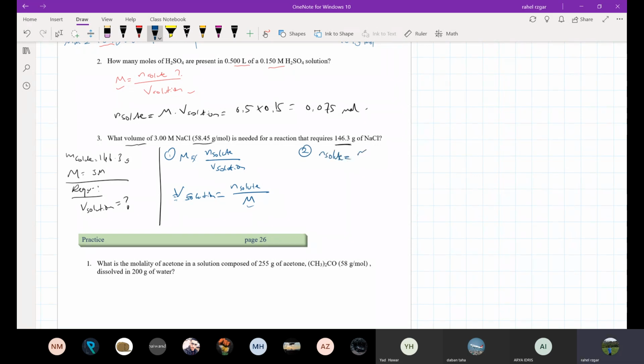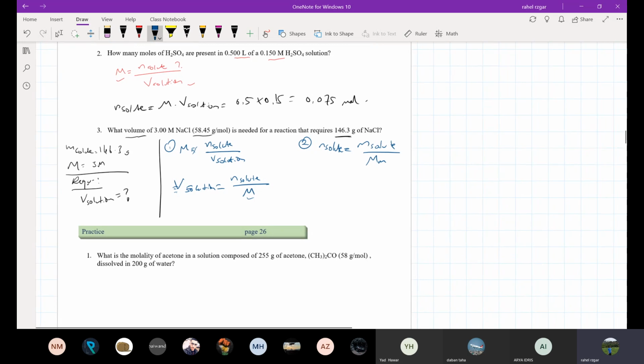So mole of solute, you have to find it. We said it's equal to mass of solute divided by molar mass. Mass of solute is 146.3 grams, which is NaCl. The solute is NaCl. Divided by its molar mass, which is 58.45 grams per mole.